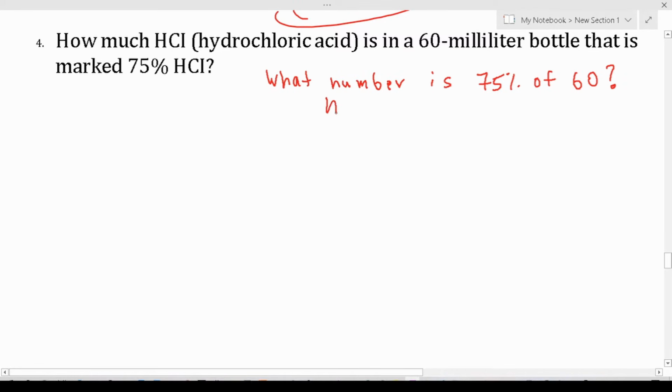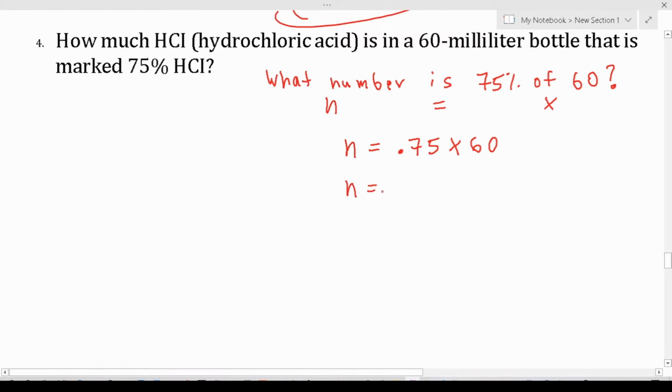Again, what number? n. Is is equal, and of is multiplication. So let's write our equation. n equals 0.75 times 60. And by working this out, we'll figure out what that number is.